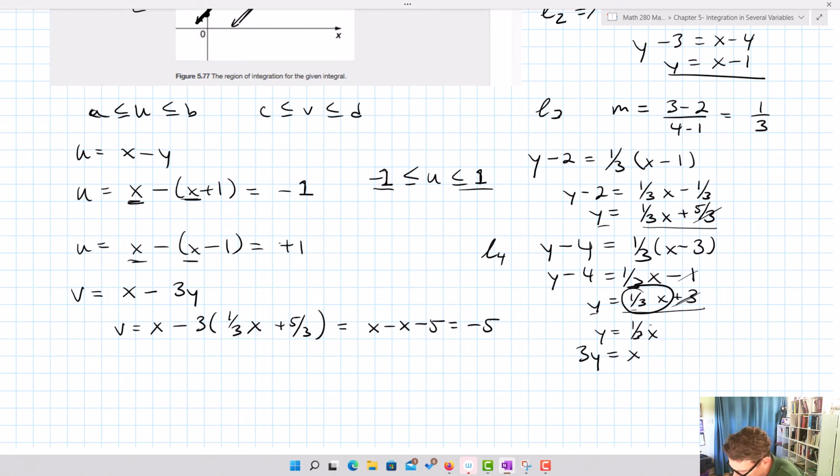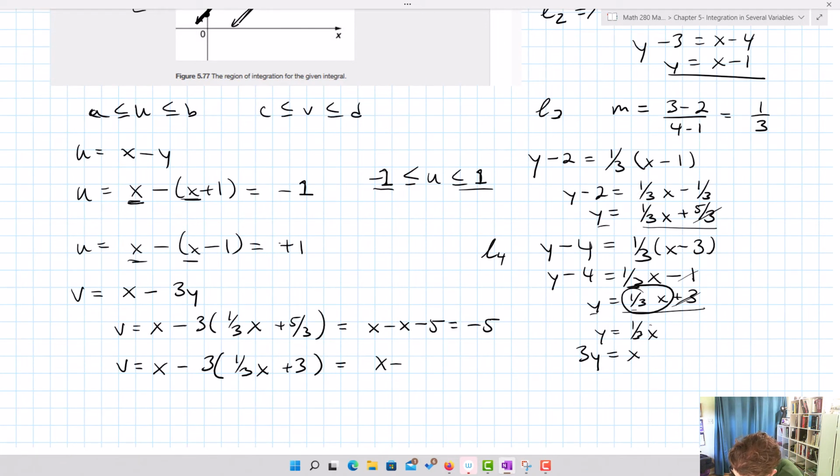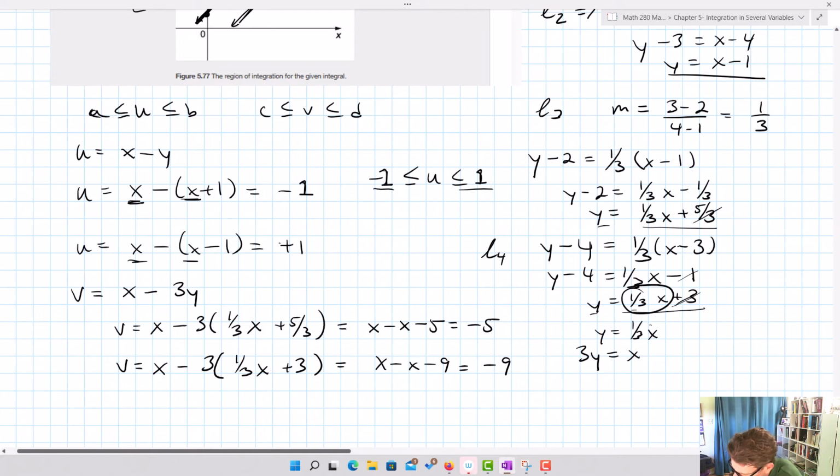That's one bound for v. Then v equals x minus 3 times (1/3 x plus 3), and that equals x minus x minus 9, which equals negative 9. So that gives me my bounds of v greater than or equal to negative 9 and less than or equal to negative 5.